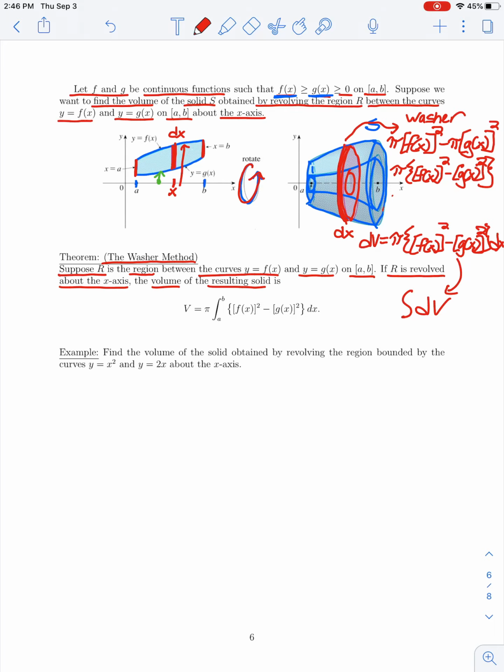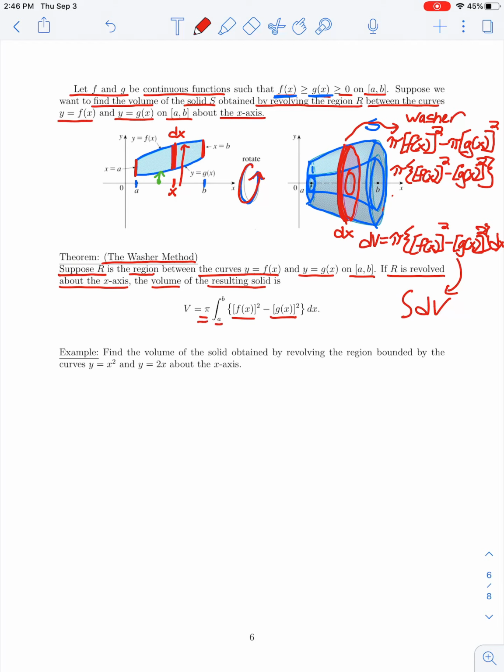So our volume would be the integral of pi times the outer radius of our washer, which was given by f of x squared, minus the inner radius of our washer, which was given by g of x squared. And of course, that constant pi I can bring out in front.